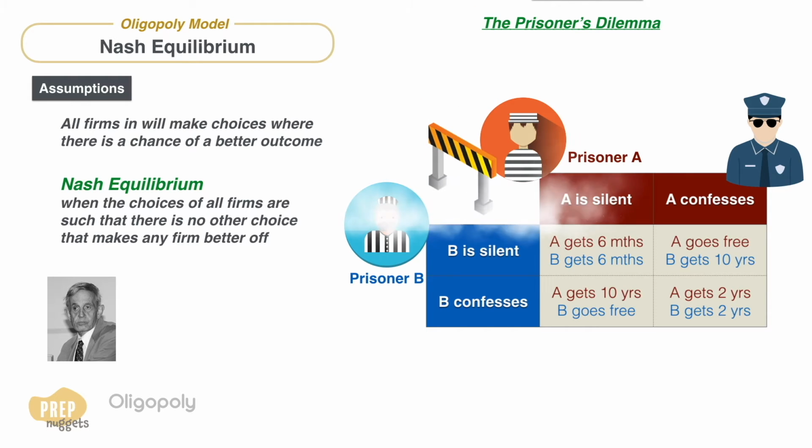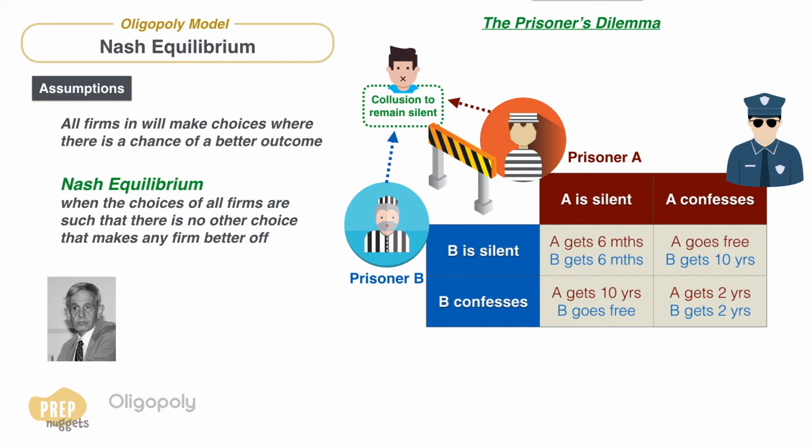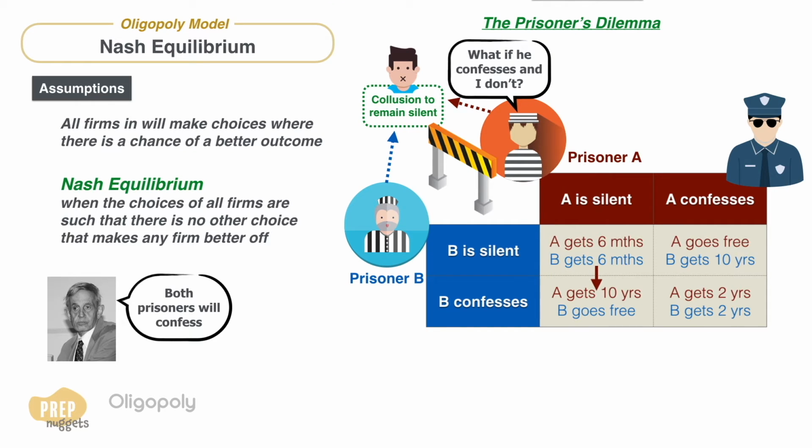Since they are separated, neither knows what the other will do, even though they have colluded beforehand that they'll both remain silent. According to Nash, both prisoners are likely to break their collusion and confess. This is because the outcome where both are silent is not an equilibrium. Prisoner A probably thinks that if B confesses and he remains silent, he'll be worse off and get 10 years.